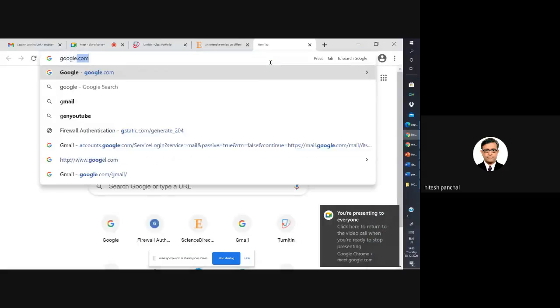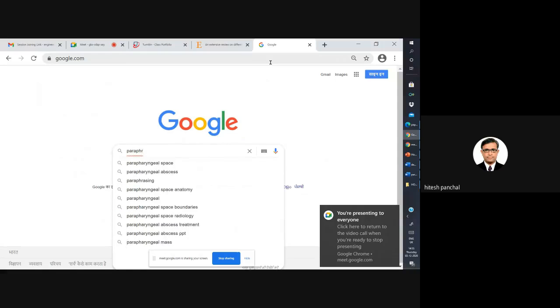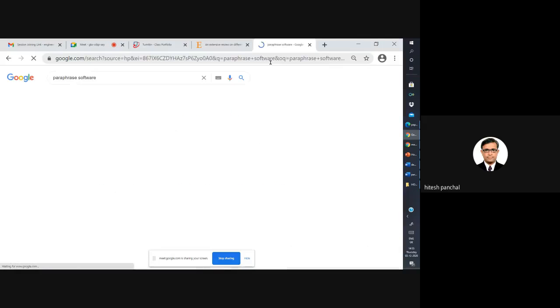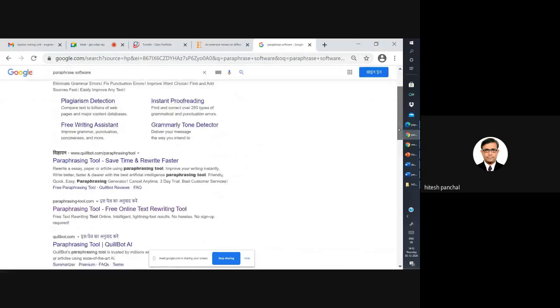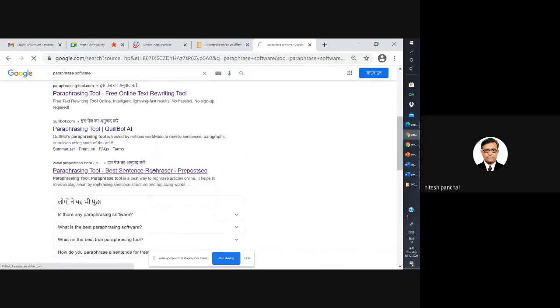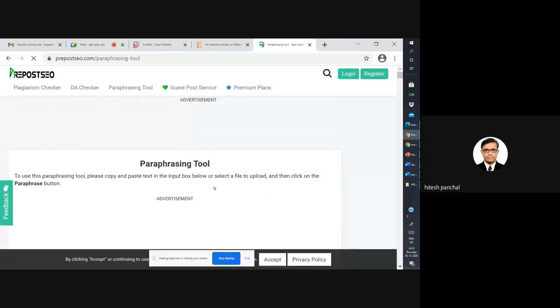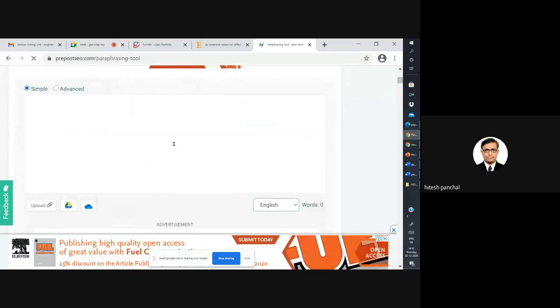In Google, you can search for paraphrase software. Here the name is paraphrasing tool. If you use the same words here, definitely in the Turnitin software you will get 100% plagiarism.